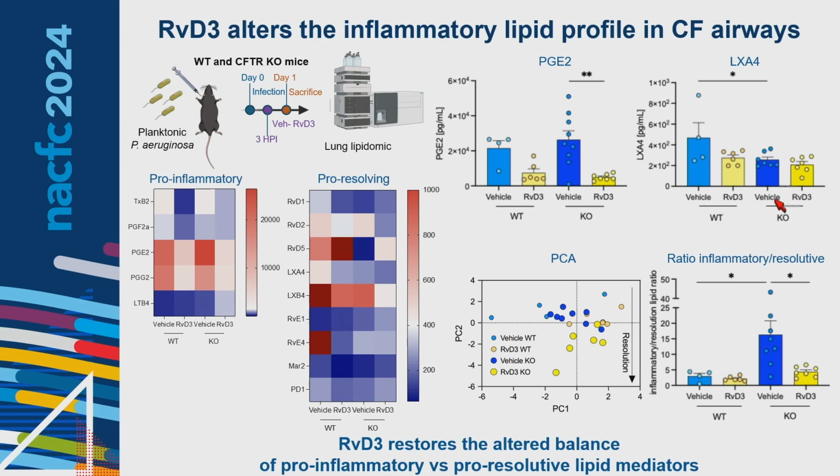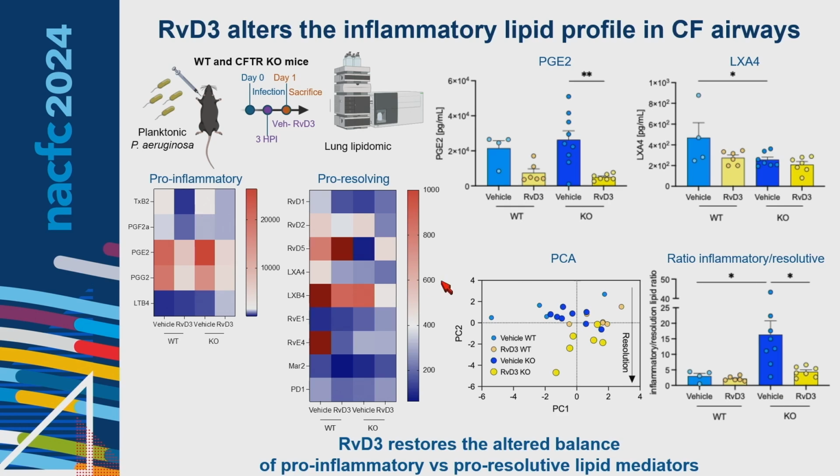However, we also found that treatment with resolvin D3 is unable to restore levels of pro-resolving mediators. Conversely, what we can clearly see in this graph here is that resolvin D3 reduces the production of pro-inflammatory mediators, including prostaglandin E2, but also other pro-inflammatory mediators that are listed here in the heat map.